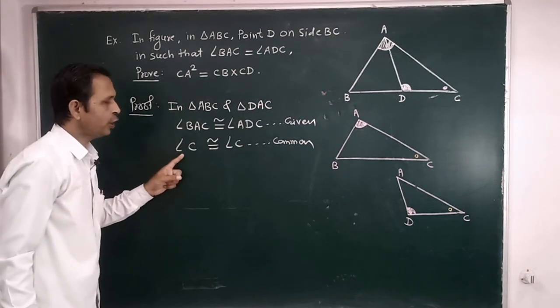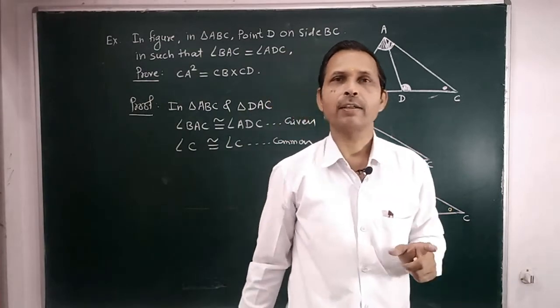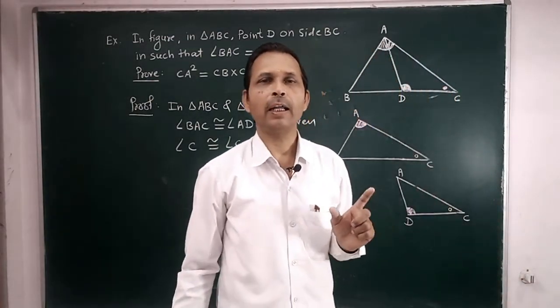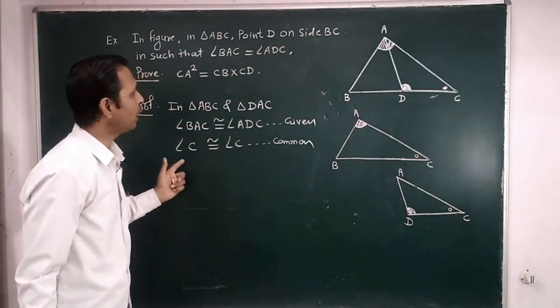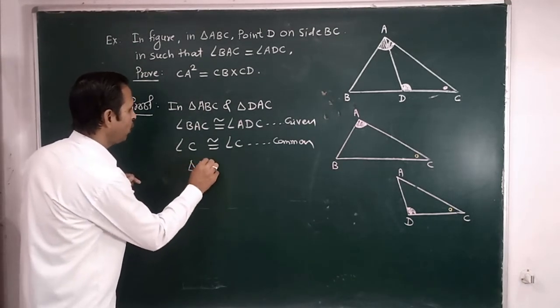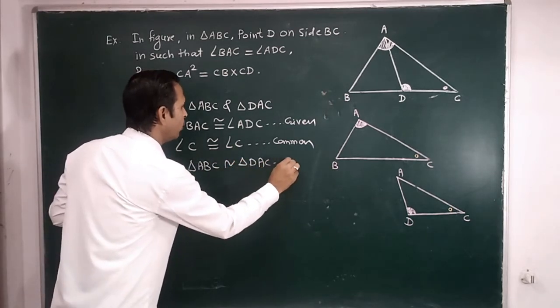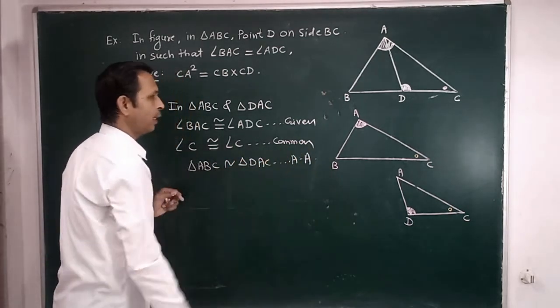And from these two statements we conclude that the triangles are similar by angle test or AA test. Now write the statement: triangle ABC is similar with triangle DAC by AA similarity test.